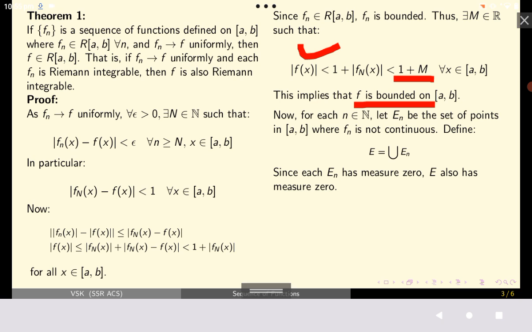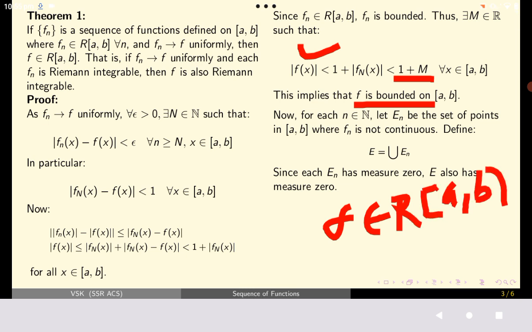So first thing we have proved, because two things are required if you want to prove F belongs to R[a, b], and one of them is that F is bounded. So this we have proved over here.